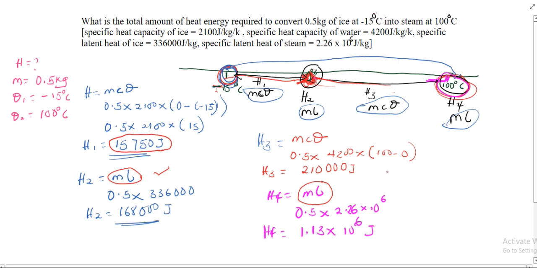Now let's do that. The heat required H equals H1 plus H2 plus H3 plus H4.